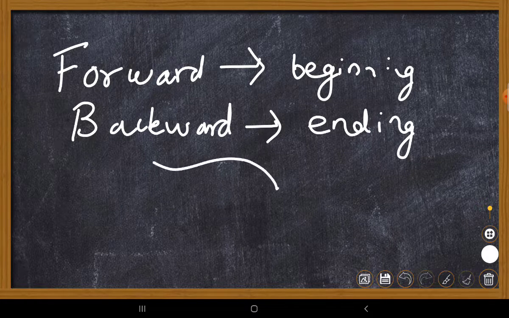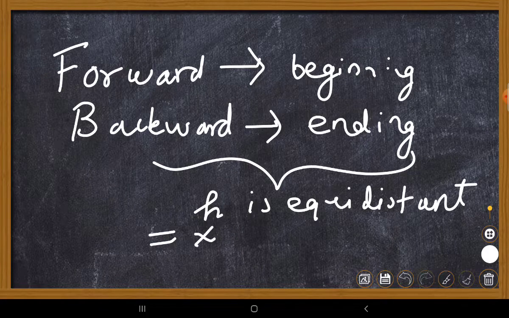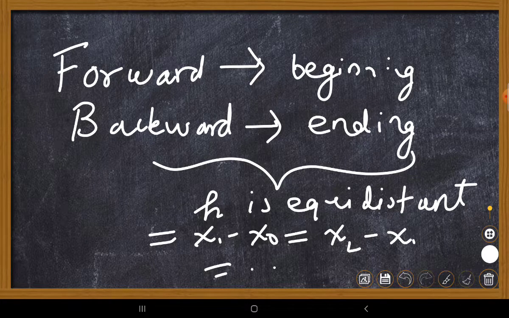In both cases h is equidistant. Interval of differencing is equidistant, which means x1 minus x0 is equal to x2 minus x1 and so on.